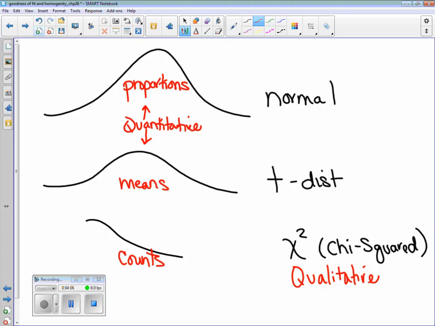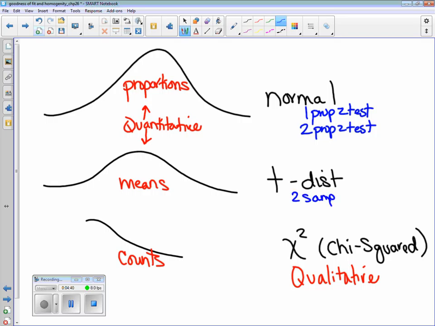When we looked at the normal distribution and we looked at proportions, how many different types of tests were there? We had one sample, which was the one proportion z-test, and then we had the 2 proportion z-test, right? So we had 2 different types. How about with t-distributions? What kind of tests did we use with that? 2 sample t-test.